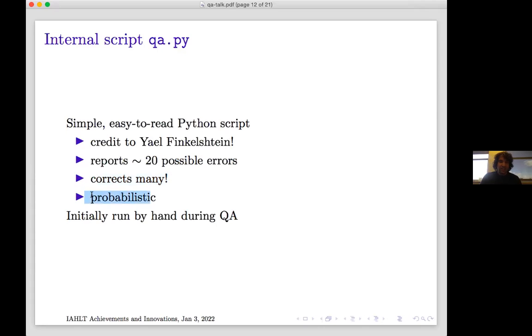And it also identifies some probabilistic errors, some situations which are likely to result in error, but not guaranteed. And it was run by hand during the QA process. So this is after all of the annotators have submitted all of their sentences for a batch. We split our annotation up into batches. The QA process would be run on that batch, and that included an automated part, which is this internal script, as well as manual review.